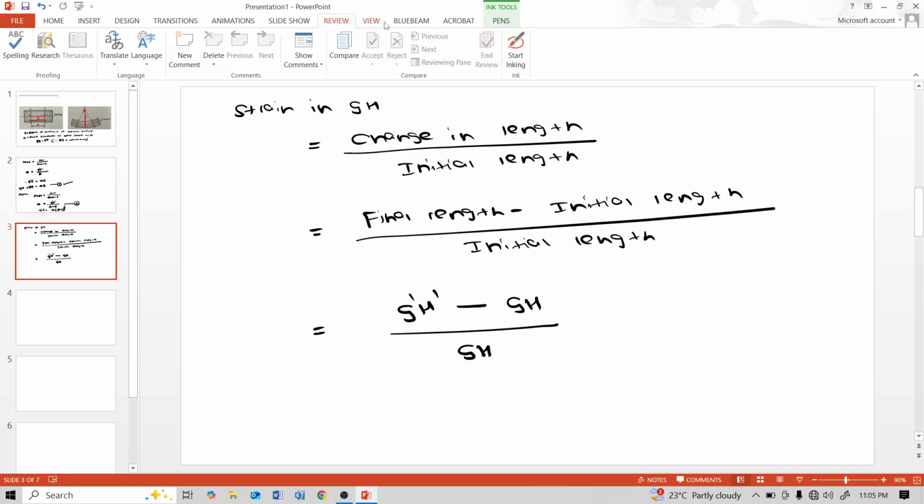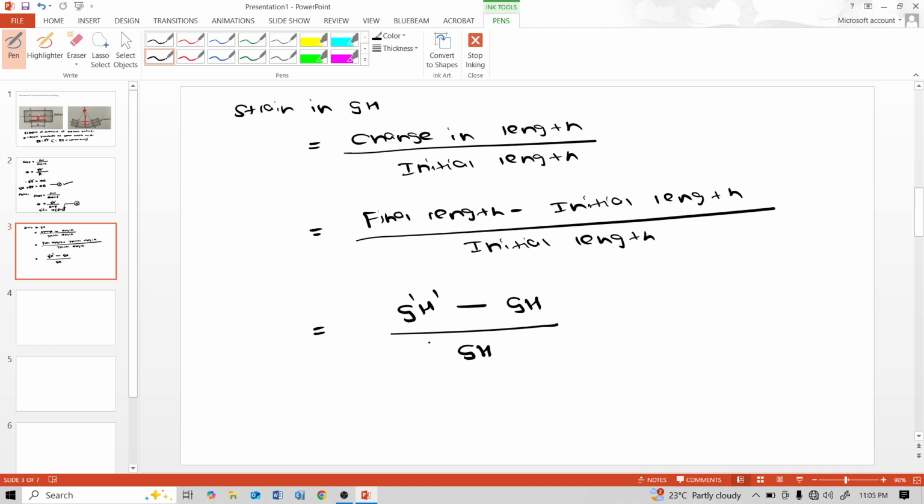Put equations 1 and 2 in the strain in GH equation.